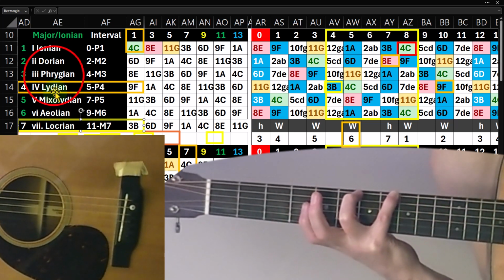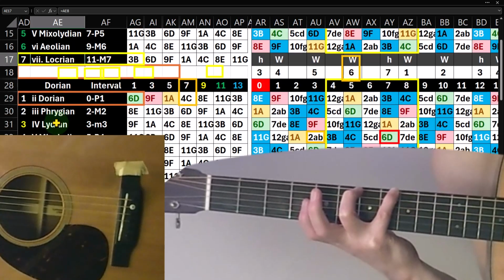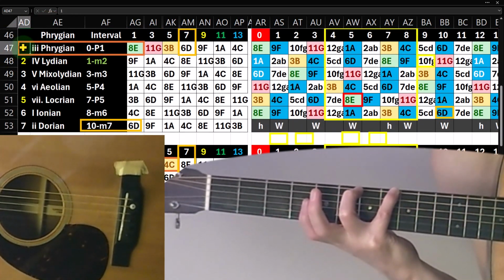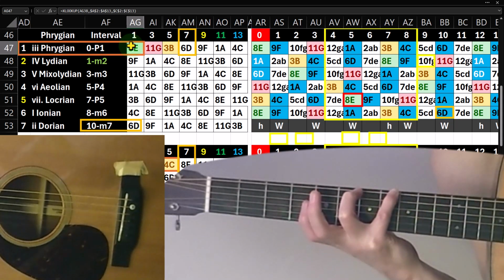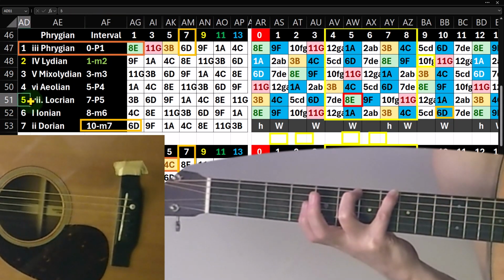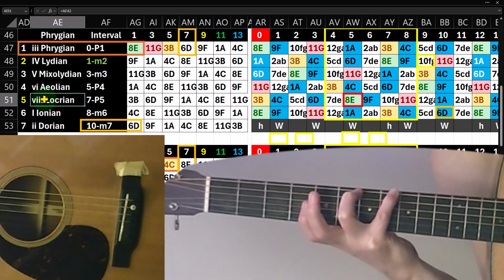So I would be going from the 1 of the Phrygian to the 5 of the Locrian. So if I scroll down to the Phrygian, now the Phrygian is the relative position 1, which would be that E, to the 5 of the Phrygian, which is now, relative position 5, the absolute mode number 7, Locrian.